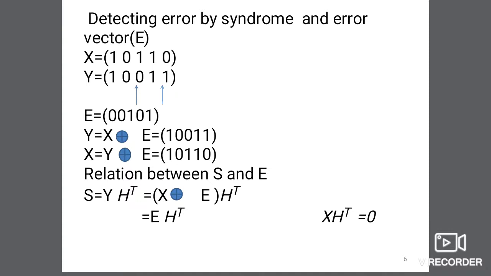Non-zero entries of e represent the errors. So we use modulo 2 addition, and y is equal to x plus e, which equals 10011. And again we detect x is equal to y plus e, which is 10110.